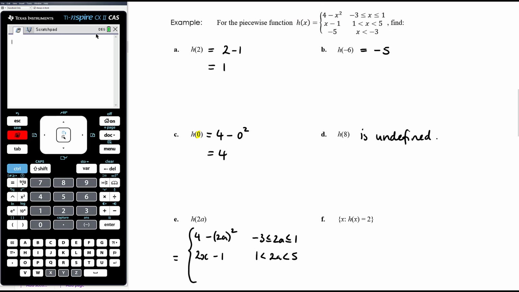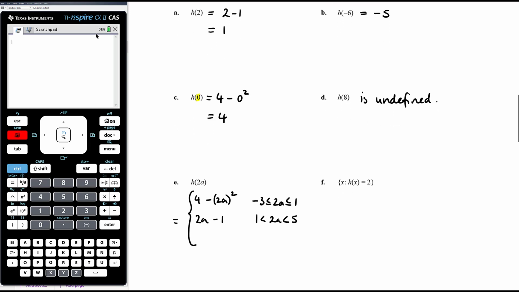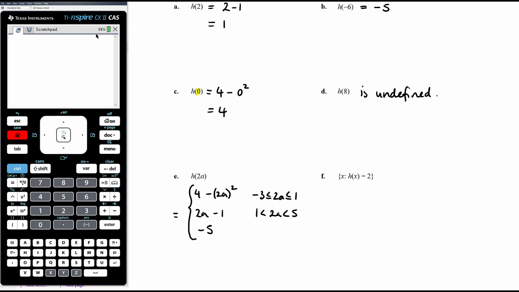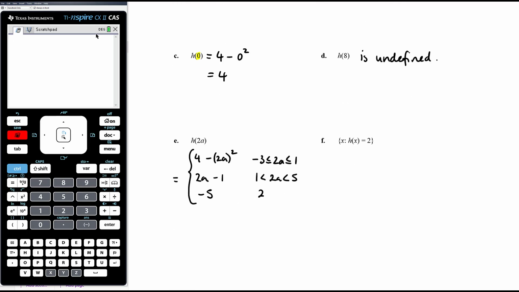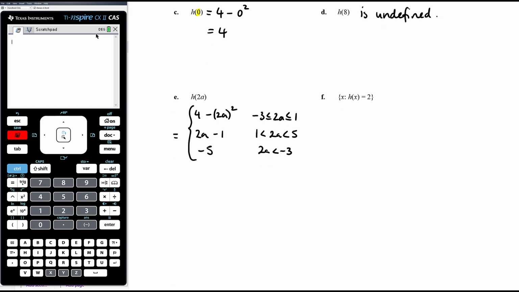And then negative 5 when 2a is less than negative 3. Okay, so what we've done here is create a whole new function that's in terms of a, not in terms of x. So let's just simplify things here.